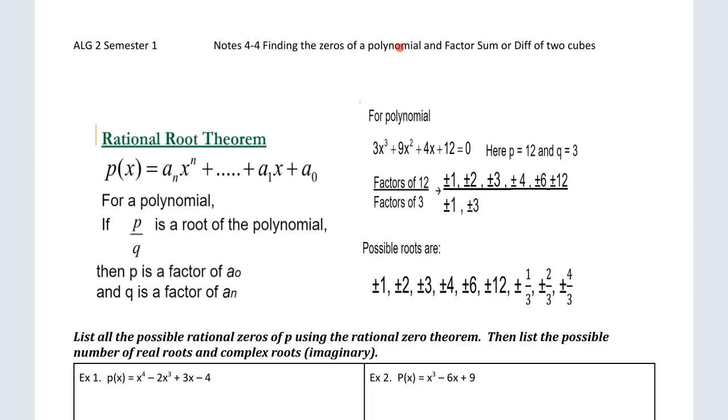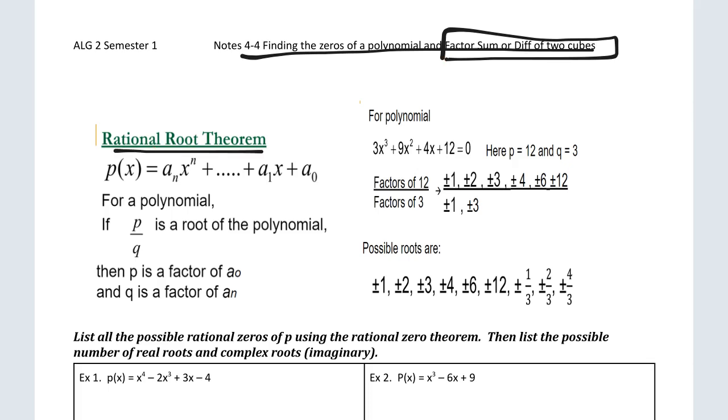Using notes for finding zeros of a function, then we'll take a step back to factoring into a sum or difference of cubes. We have the rational root theorem, which means we're going to find the possible zeros for a polynomial function.